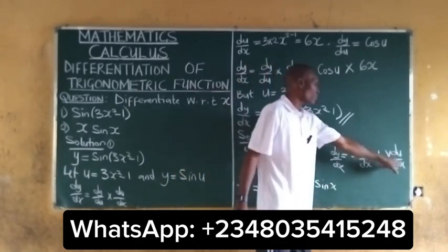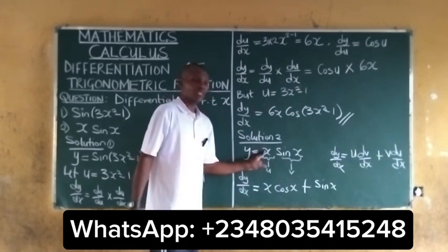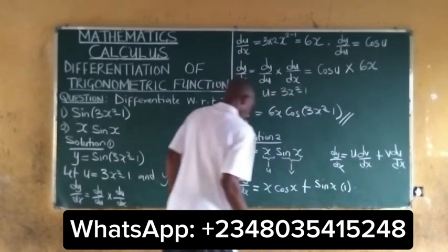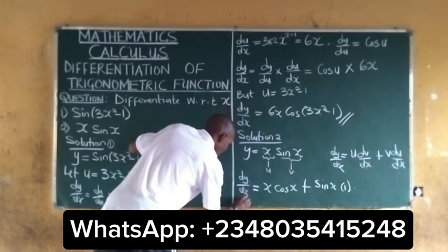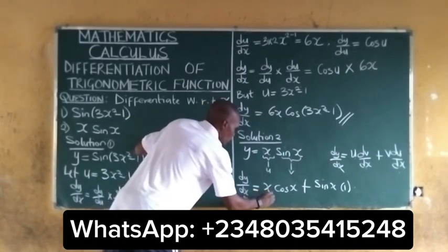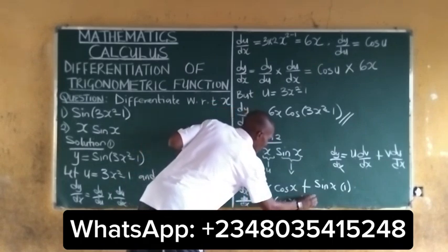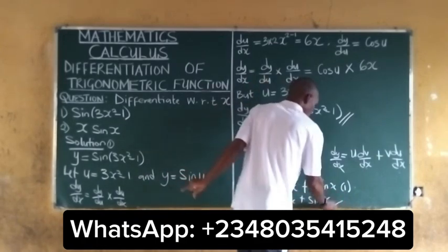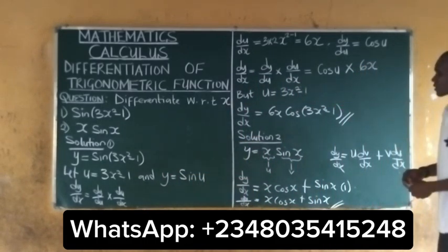We'll now differentiate du over dx. If we differentiate x, we'll get 1. So it then means that dy over dx is equal to x cos x plus sine x. So this is our final answer to those questions given.